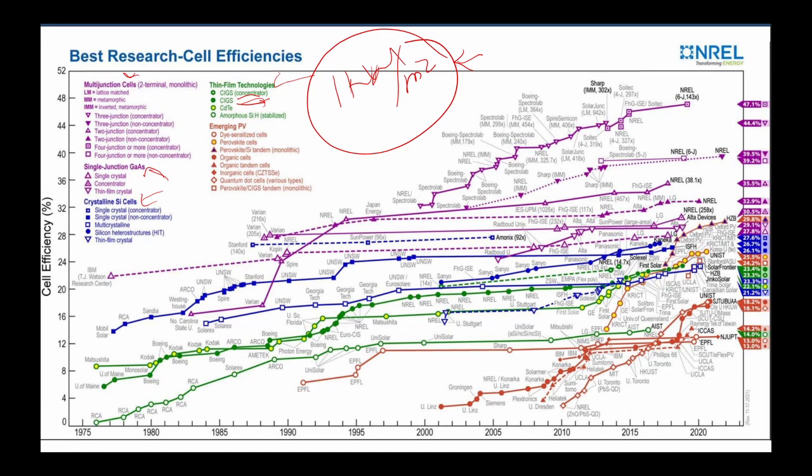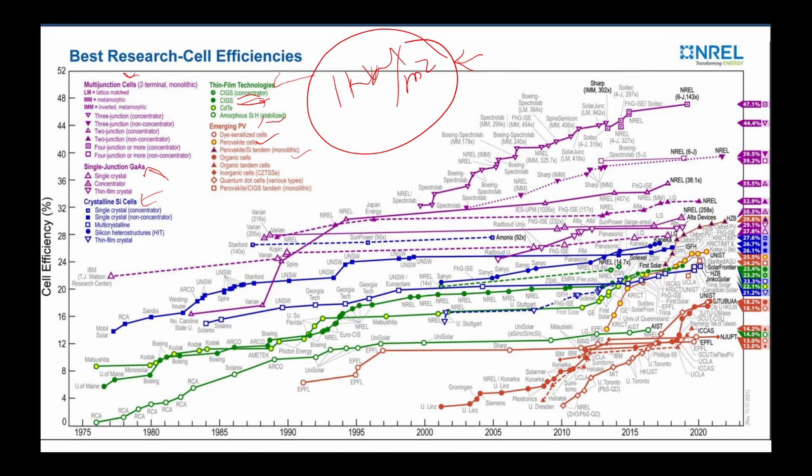And the emerging PVs are dye sensitized solar cells, perovskite solar cells, and the tandem solar cells. The tandem solar cells and multi-junction solar cells are kind of the same. This is the graph of how the efficiency of the different types of solar cells is increasing.